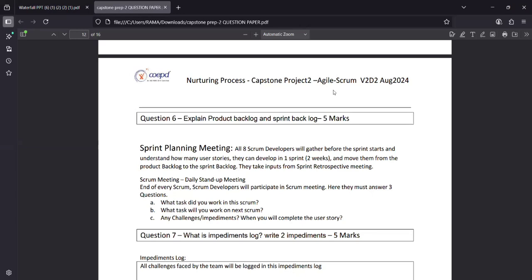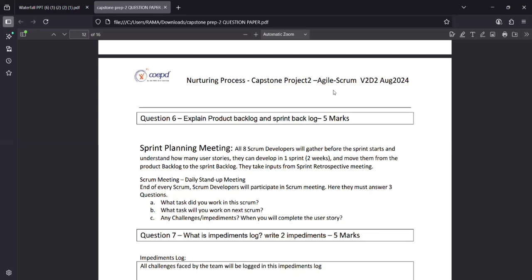The product backlog is managed by the product owner, and the sprint backlog is managed by the development team. What is the scope of the product backlog? It covers the entire product.